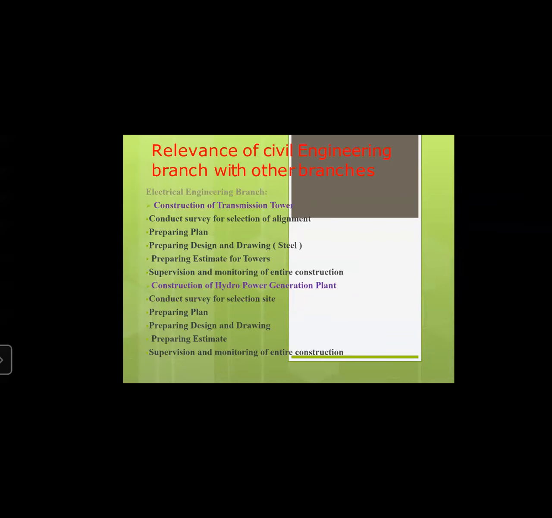For the construction of these structures, firstly we have to go for the survey, site selection, then preparation of the plan, analysis, designing, and then construction of the actual structure, means supervision work. These things come under the civil engineering field.